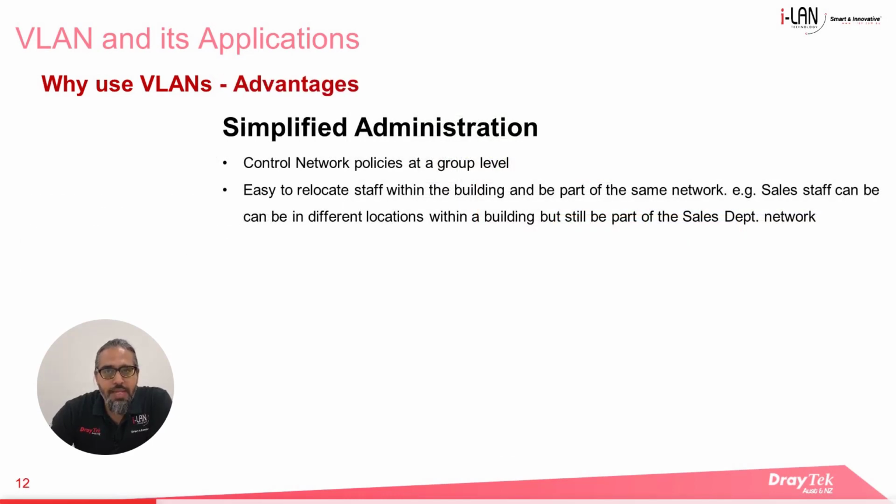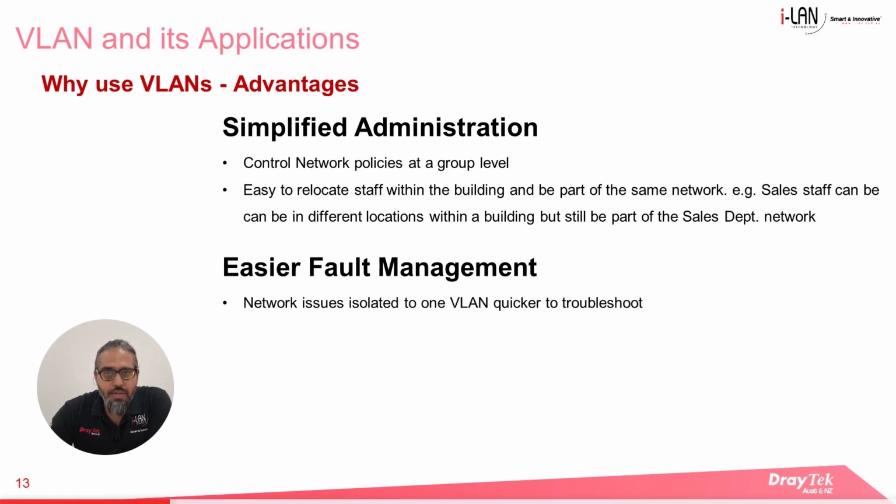VLANs also help to make network administration much easier. By logically grouping users into the same virtual network, you make it easy to set up and control your policies at a group level. When users physically move workstations, you can keep them on the same network with different equipment, or if someone changes teams but not their workstations, they can easily be given access to whatever new VLANs they need.